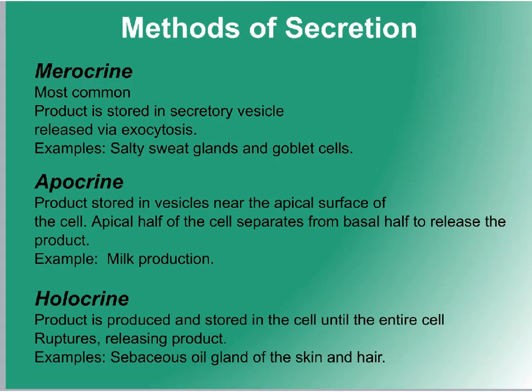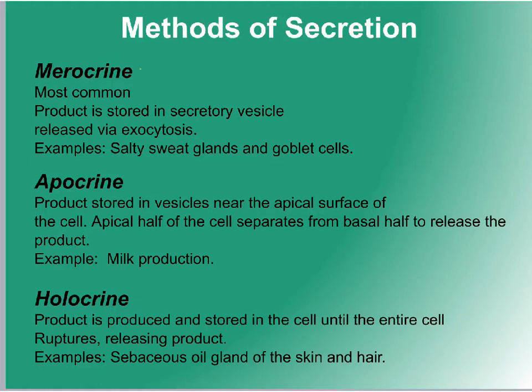So let's think about how these glands are going to secrete their product. It's the cells that are making the product, and the cells need to get that product out of themselves and into a main duct where those ducts can carry the secretion to the surface of something. So I've written down the examples here of the types of secretion or the methods of secretion.